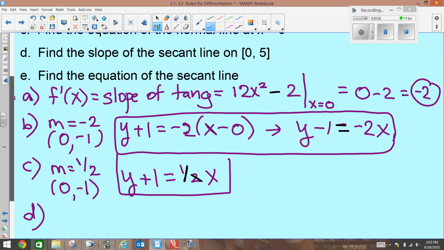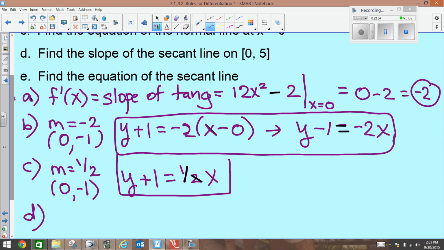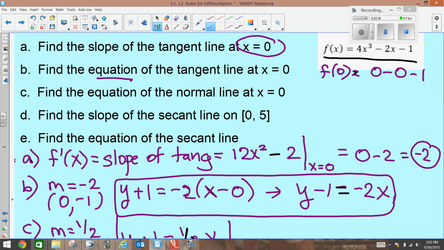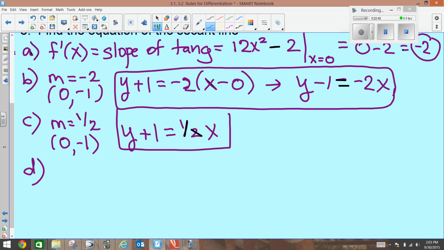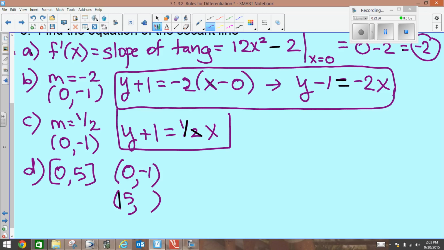What about D? D says find the slope of the secant line. Oh, yay! We haven't done that for a while. Okay, slope of the secant line is the same as the regular slope formula from 0 to 5. So f of 0, remember that was 0, negative 1. Now we got to plug in our 5 to get our ordered pair.